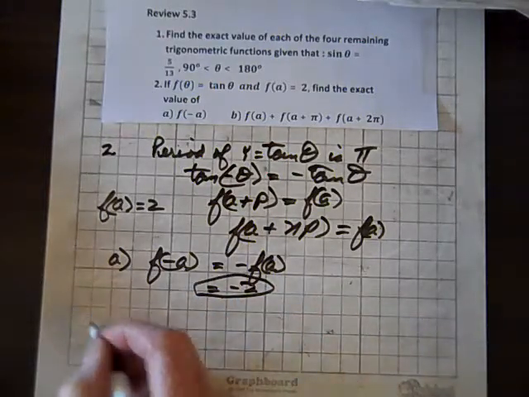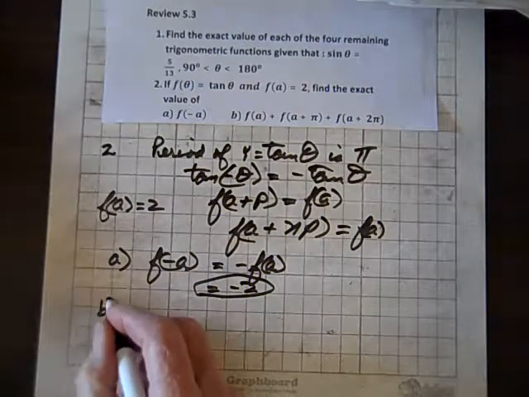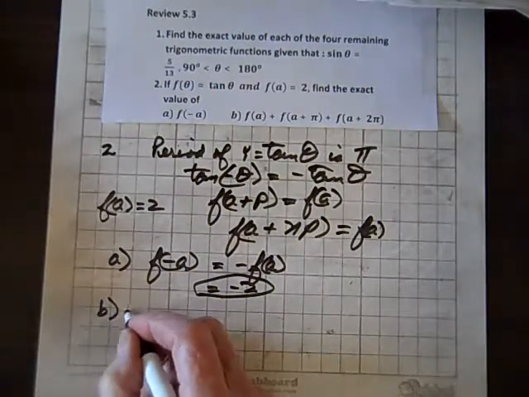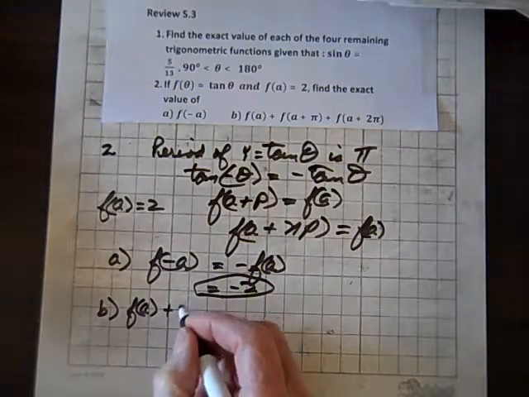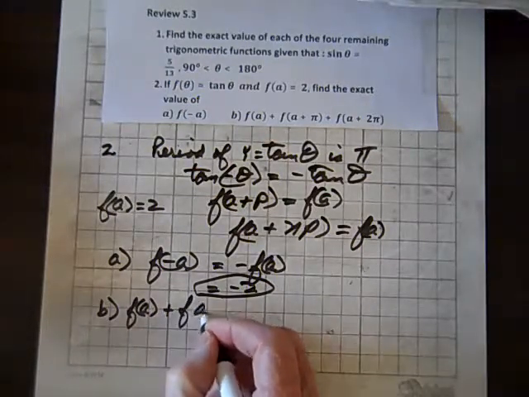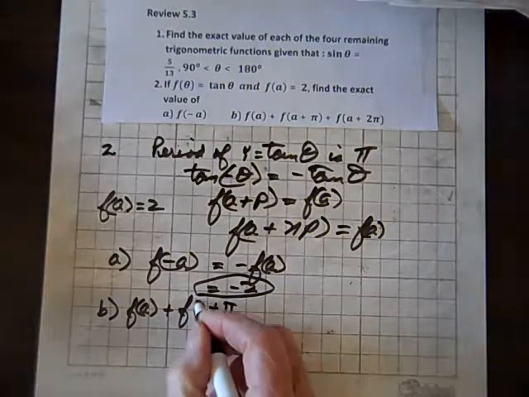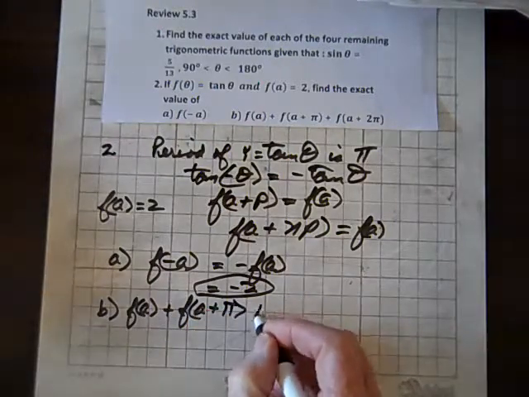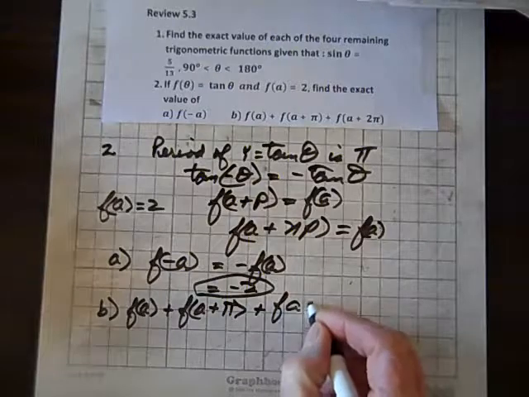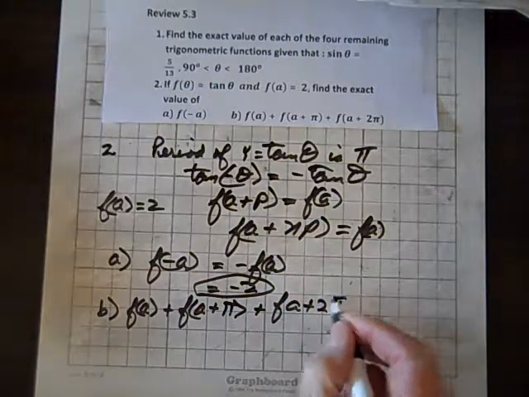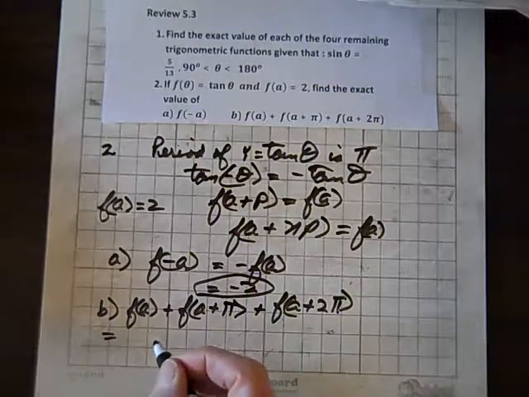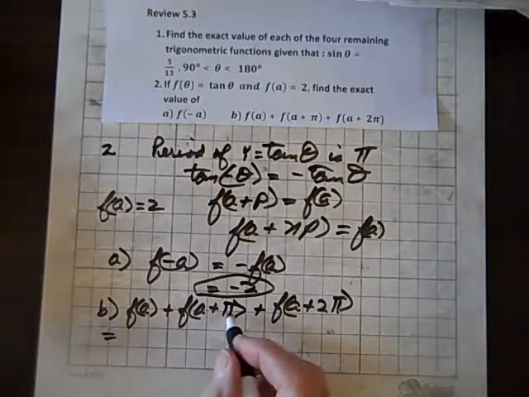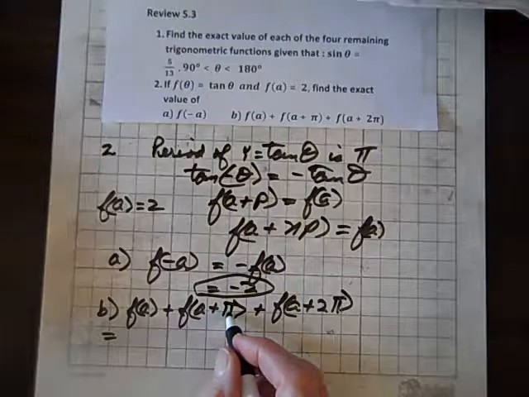Now, for B, when we look at f of a plus f of a plus pi plus f of a plus 2 pi, well, that equals, by the way, isn't pi the period?